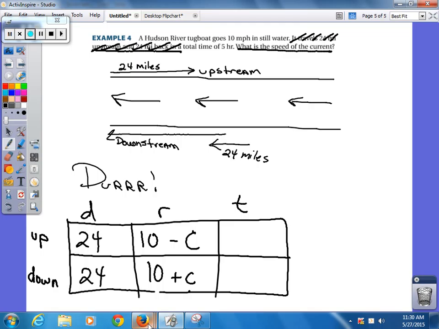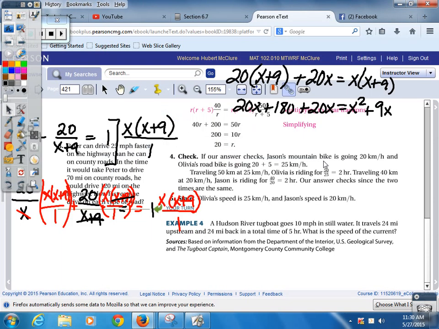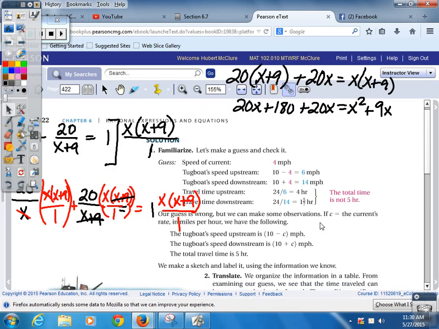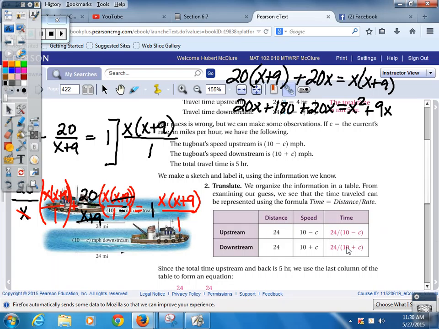Now, the T can be a little misleading, the way they have it written. Where's the next page? Oh, we gotta hit this one, because they already said it was 5. There it is. 5 hours. What is time? Distance equals rate times time.